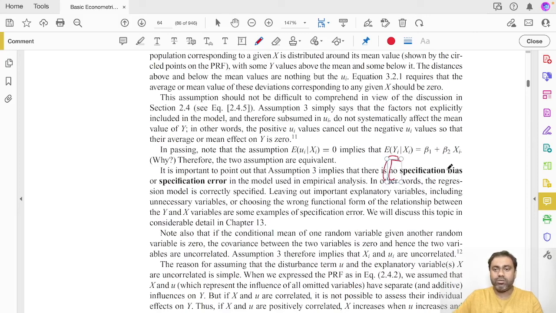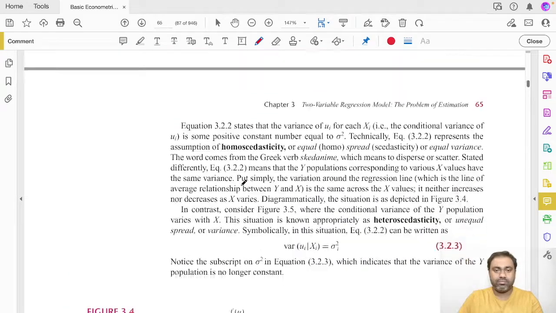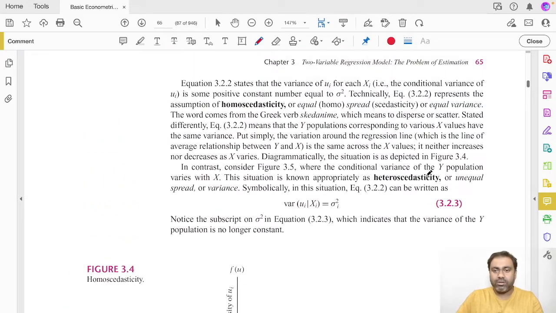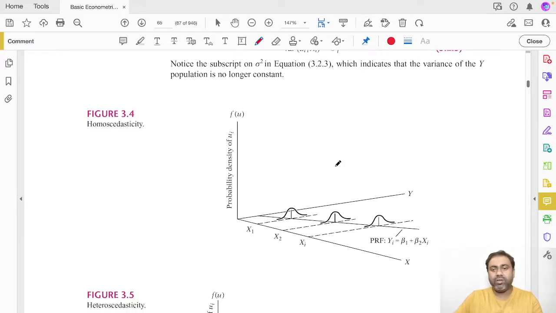You must know what specification bias or specification error is, and heteroscedasticity, or unequal variance. Unequal variance means, when we are making an assumption, this is your regression line, and our data will vary within these bounds.